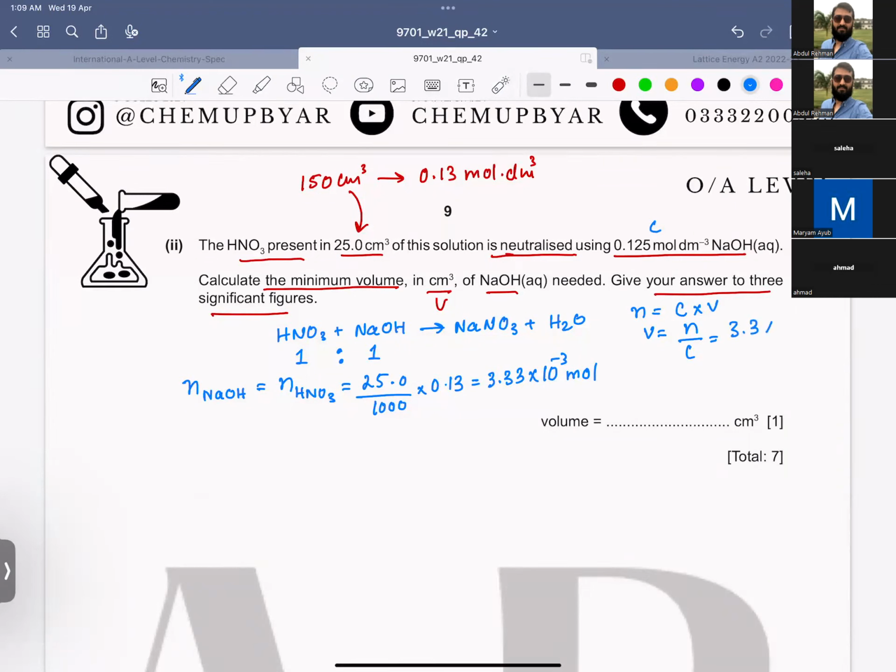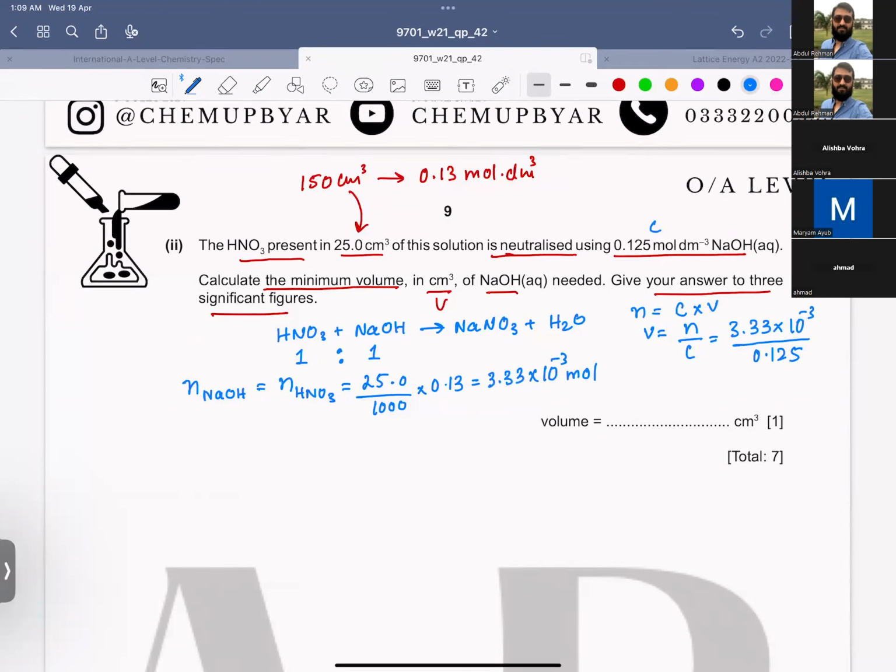So it would be 3.3 exponent minus 3 divided by the concentration, that is 0.125. Sir, I'm getting 3.25. You are getting 3.25 exponent minus 3.